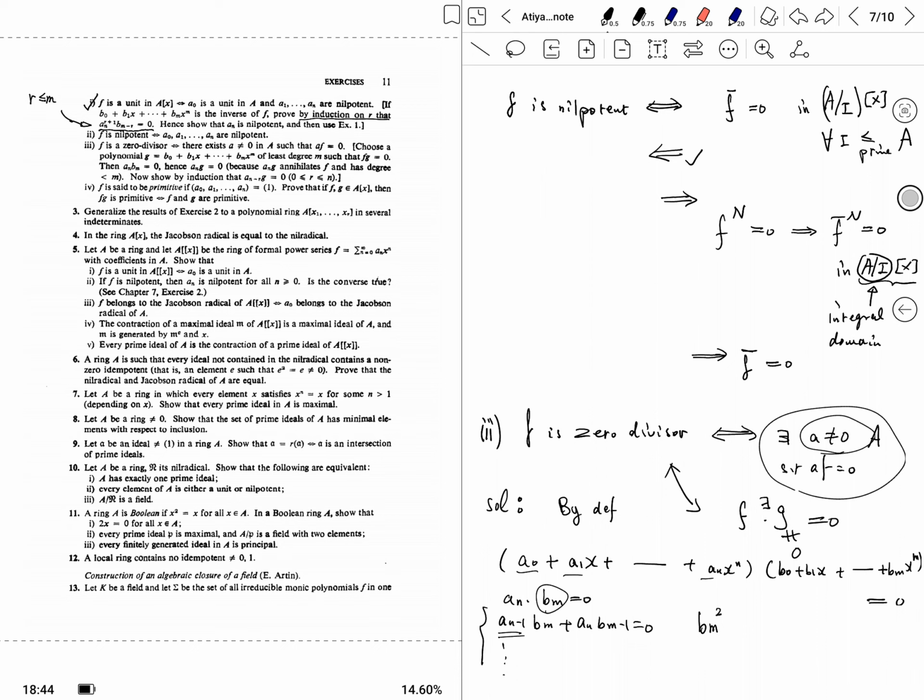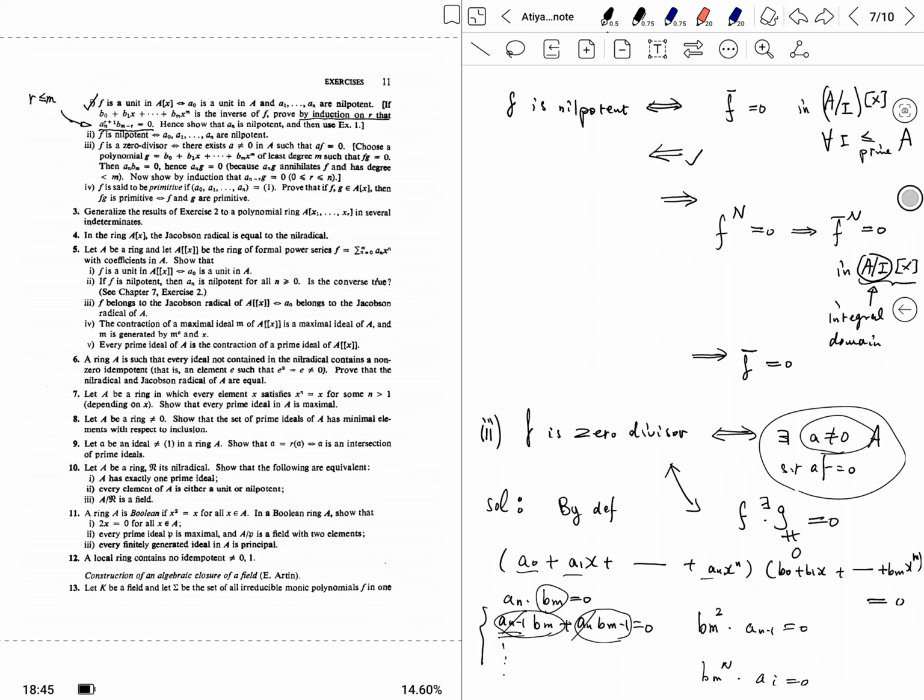If we multiply by bm on both sides of this equality, you will see that bm squared kills an minus 1 because bm kills an. And similarly, bm to a large enough power kills all the ai. Okay, you can make this precise.